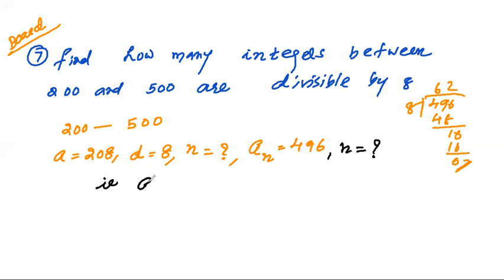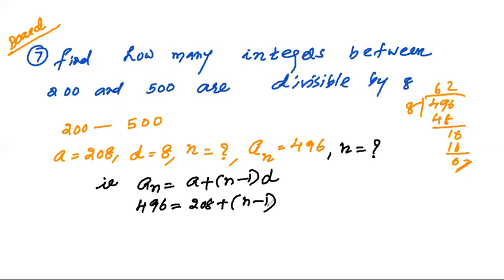So what's the formula? An is equal to a plus (n minus 1) into d. The nth term is 496, the first term a is 208, and d is equal to 8. So 496 is equal to, let me open the bracket, 208 plus 8n minus 8.